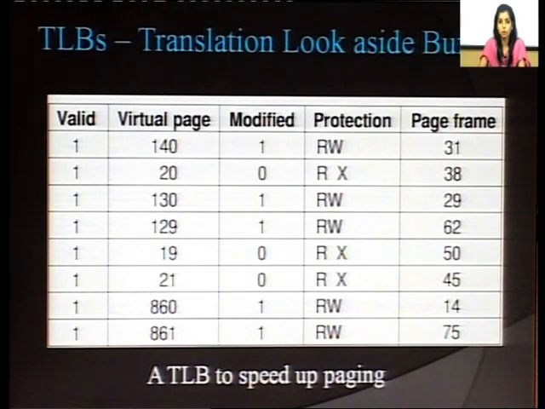This table shows the overall table contents: valid virtual pages, how many virtual pages exist in the table; modified, which pages are modified and which are not; and protection mode, which pages are in read and write mode and which are only in read mode. So this is page frames.